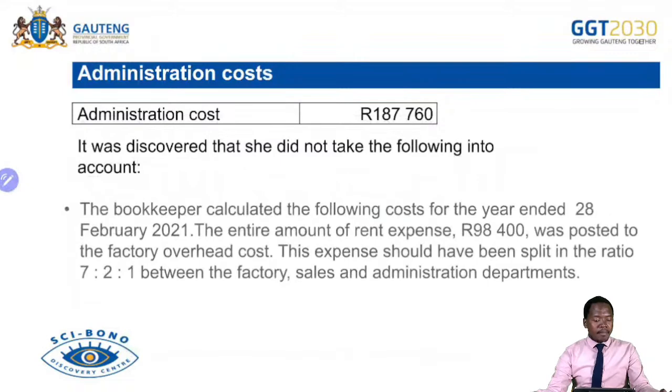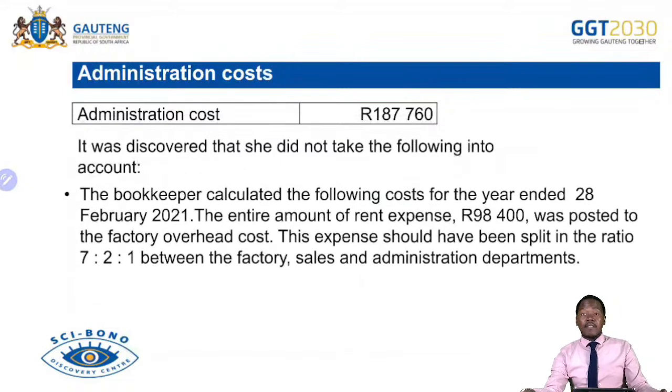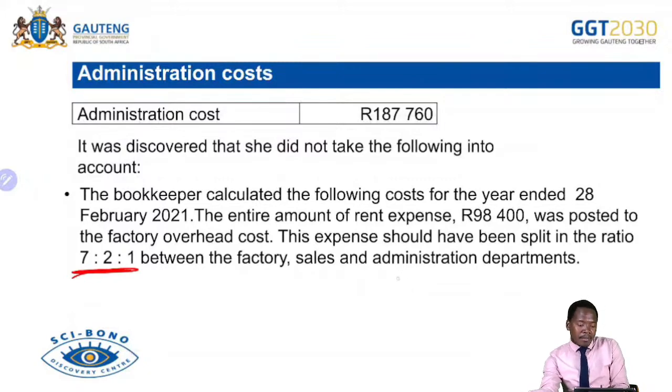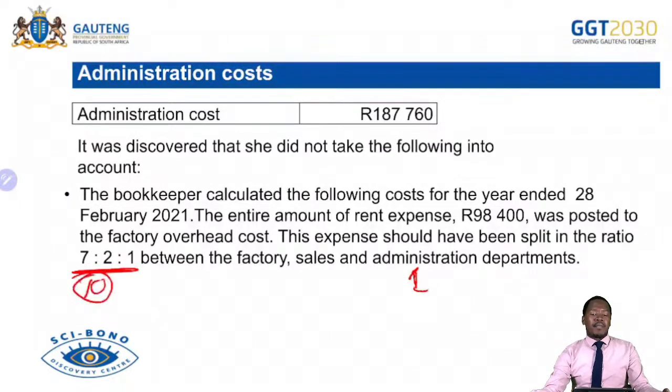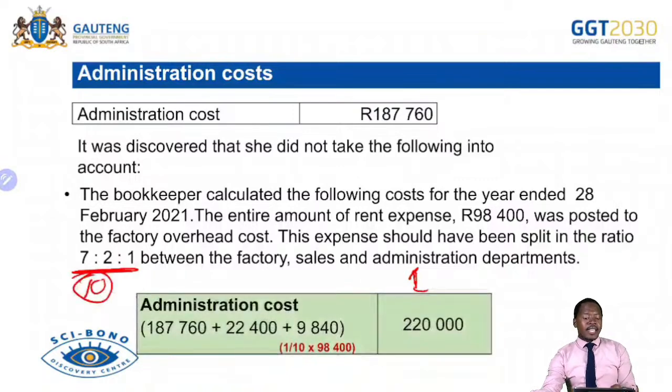Now, next item. Remember the one for 98,400? It was supposed to be split in a ratio 7:2:1. Remember, for administration, we are using a ratio of 1. Total of the ratio is 10. Now, what am I doing? I will say 1/10 times 98,400, and then I will get my answer to be 9,840.